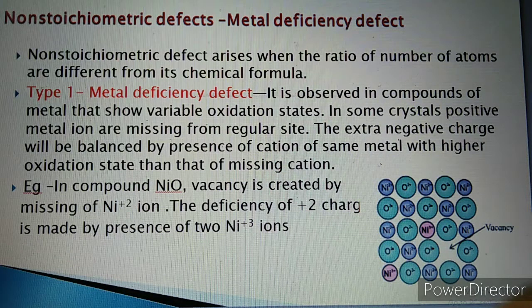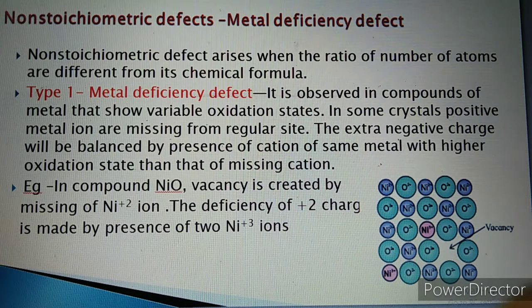For example, in the compound NiO, nickel oxide, vacancy is created by missing of Ni+2 ions. This deficiency of +2 charge will increase the extra negative charge in the NiO compound. Then this extra negative charge will be balanced by addition of 2 Ni+3 ions.